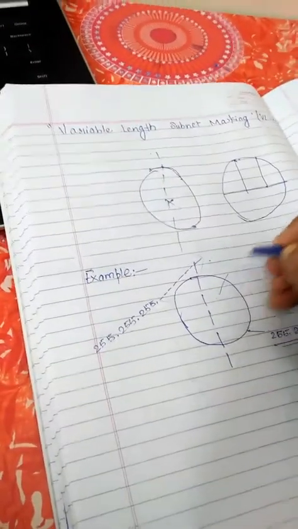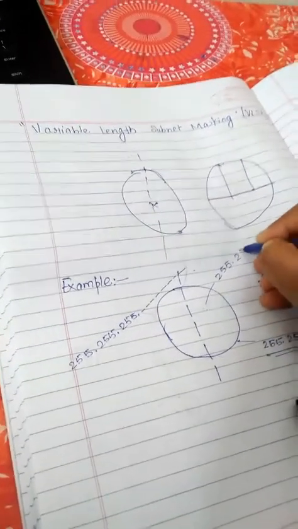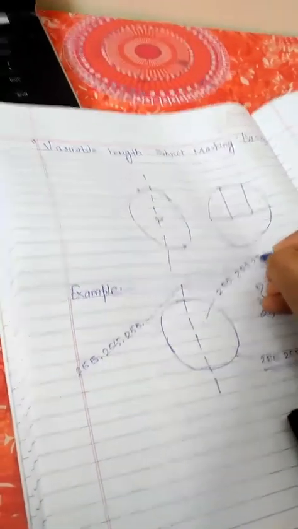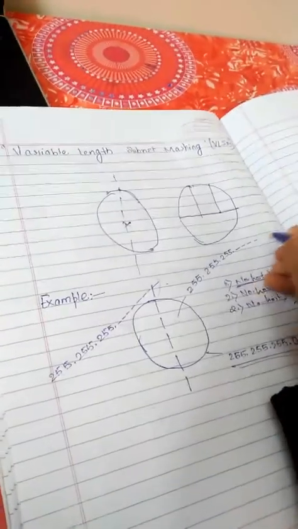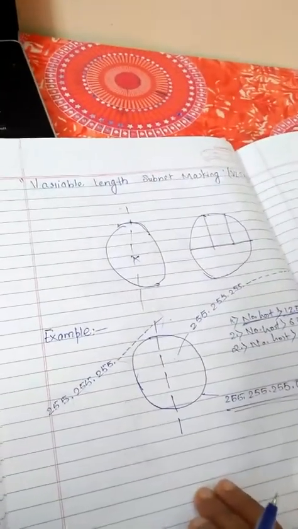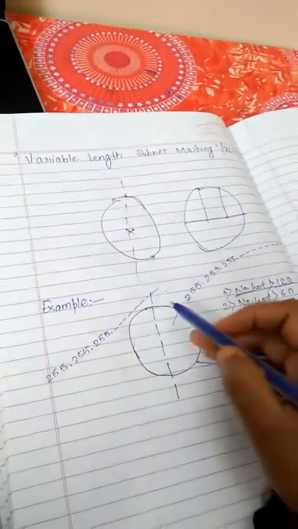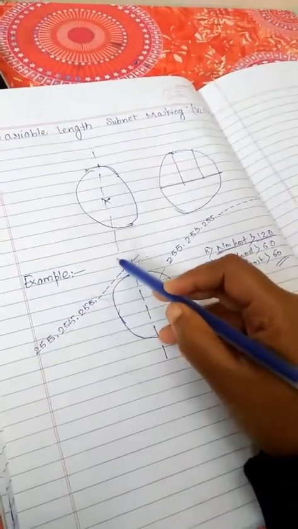And for this one also we have 255.255.255 and 8 digit places. Okay, so as we know that if we divide it into 2 parts, then the first digit of the 8 digits we have to fix.